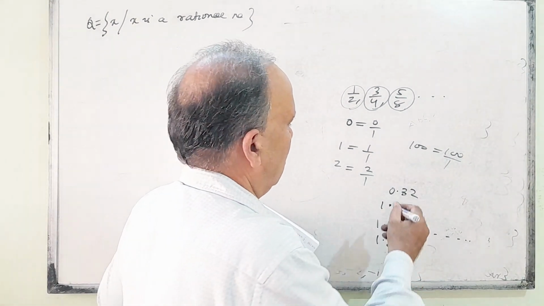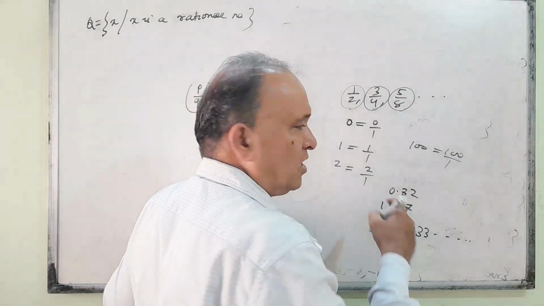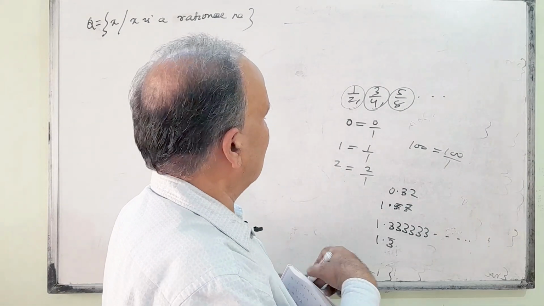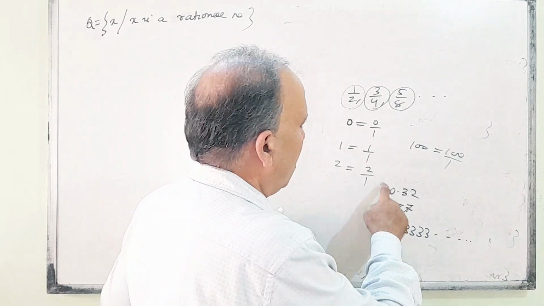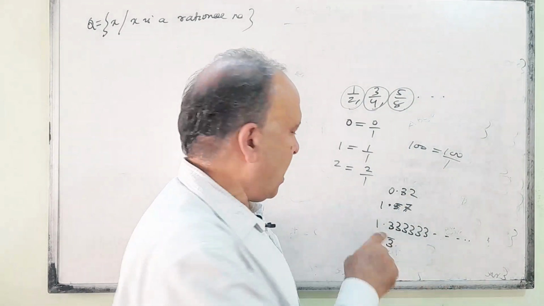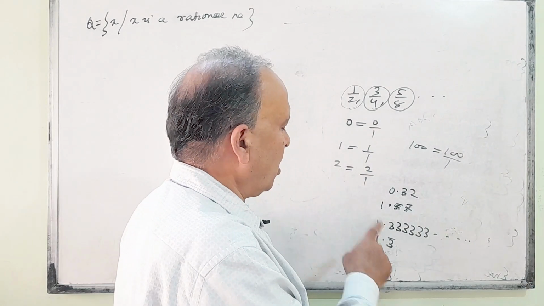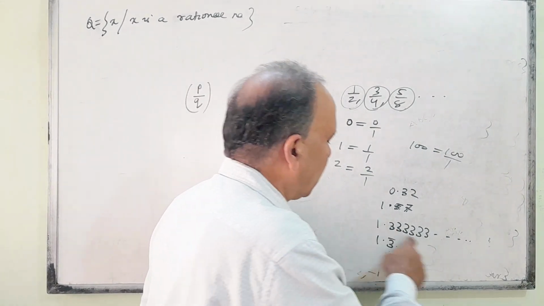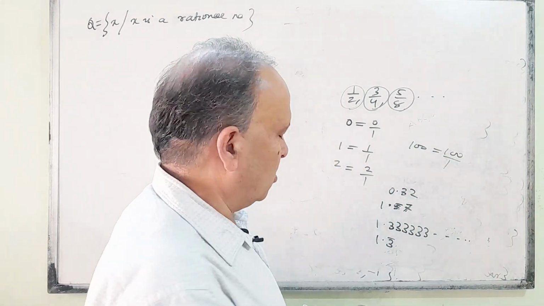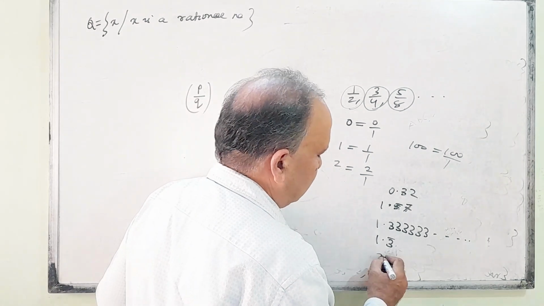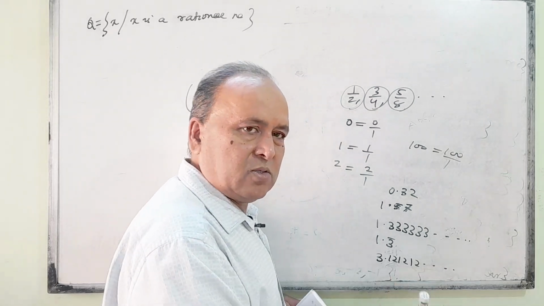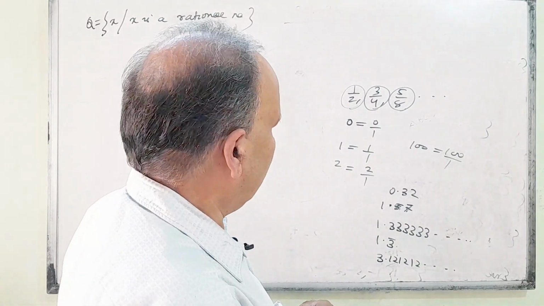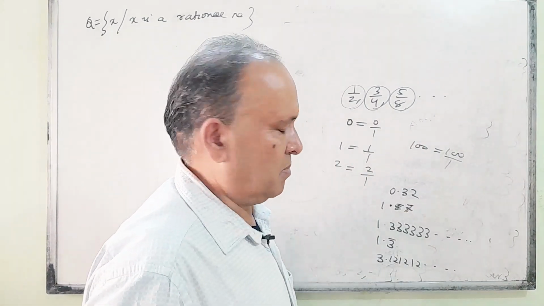All integers are rational numbers. All fractions are also rational numbers. All terminating decimal numbers are rational numbers. All recurring non-terminating decimal numbers are also rational numbers. For example, 3.121212, these are repeated. These are all the rational numbers.